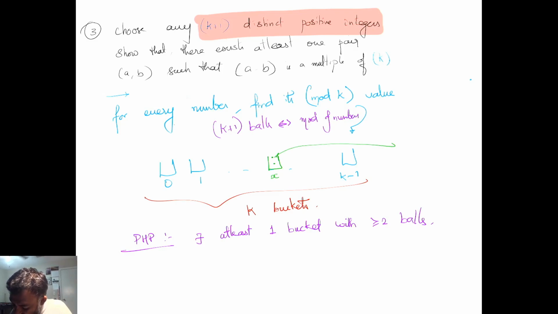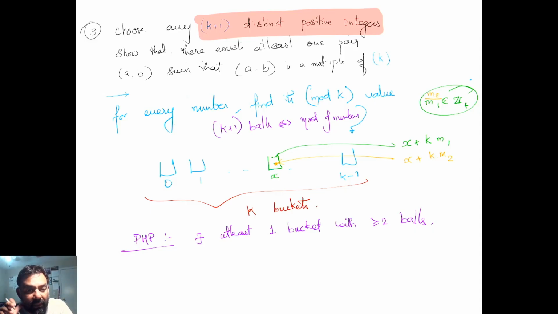This number is going to be something of the form x plus k times m1, correct, where m1 is an integer. What is the second number going to be? The second number will be the same x plus k times some m2, where again m2 is also going to be an integer, correct?